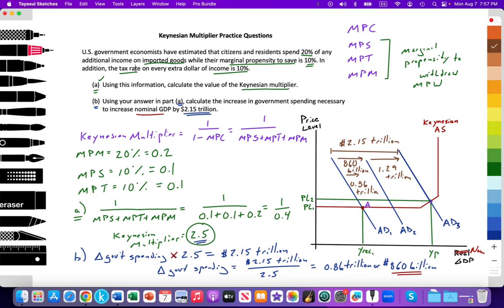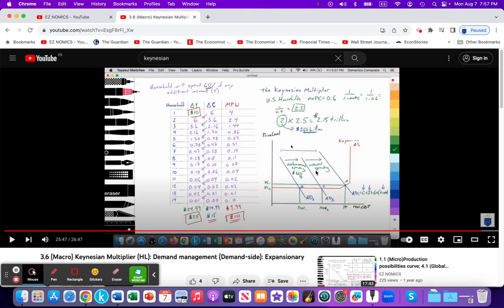It will multiply up 2.5 times to close a gap of $2.15 trillion. Here we have the autonomous spending and the induced spending, which again is covered in this video here using the real world example of the COVID pandemic and the expansionary fiscal policy utilized by the federal government by providing cash payments to households to achieve greater spending in the economy and so on.